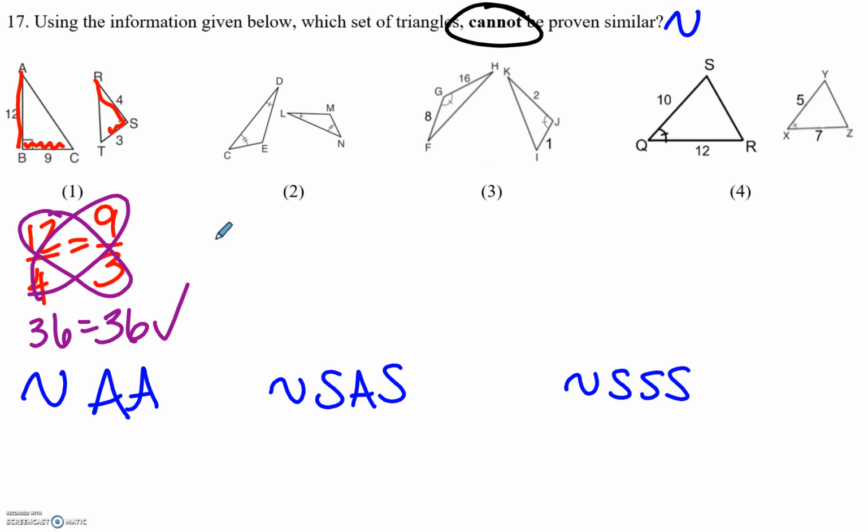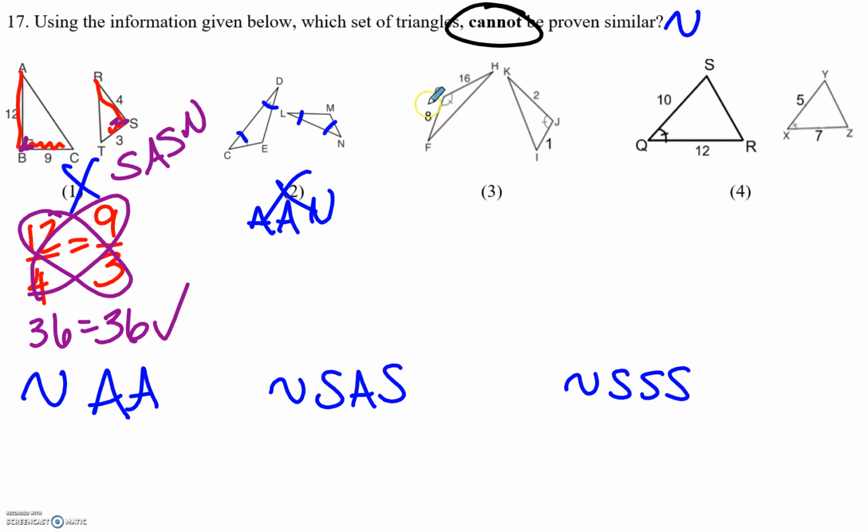Either way, that works out. And we can't forget about our angle that's included. So that is good by side, angle, side similarity. Our next picture talks about angle and an angle. So we have one angle and this angle congruent to that angle. So by angle, angle similarity, that's good. So choice 1 and 2 cannot be the correct answer.